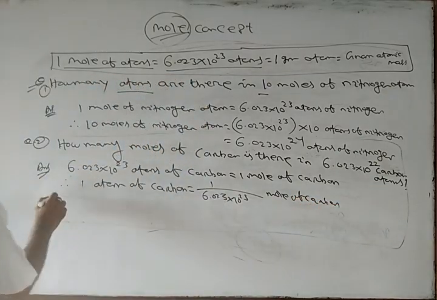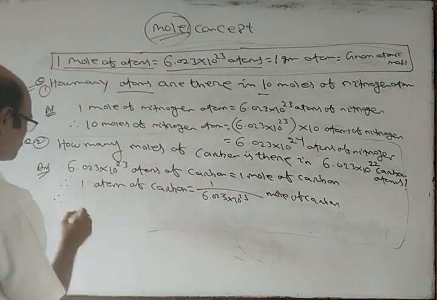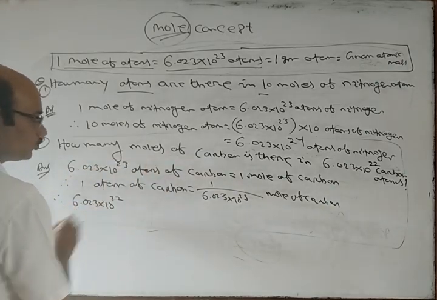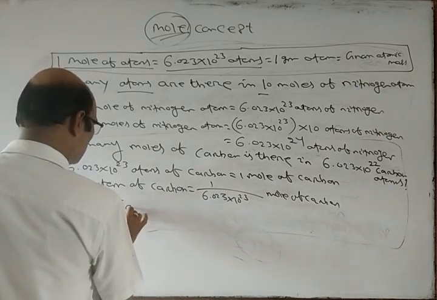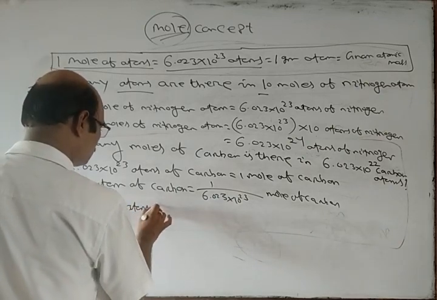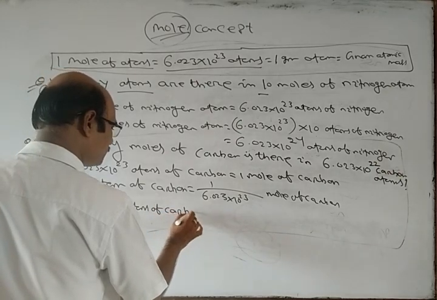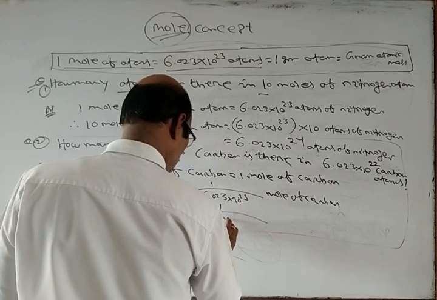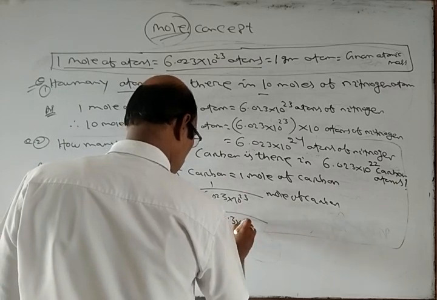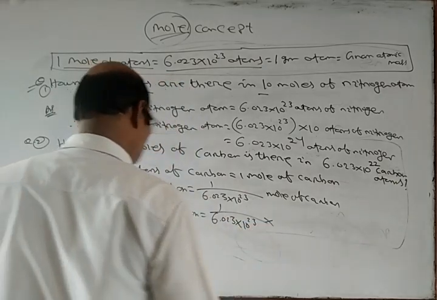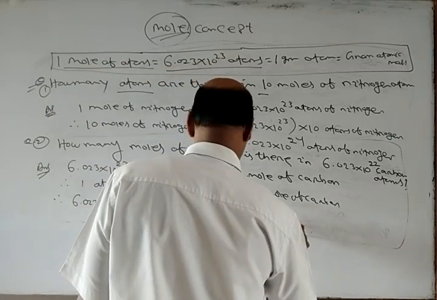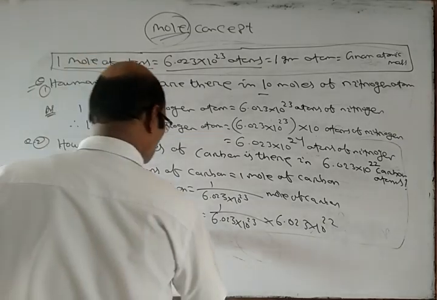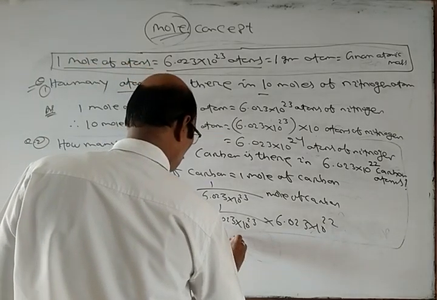Therefore the given 6.023 into 10^22 atoms of carbon equals 1 by 6.023 into 10^23 into 6.023 into 10^22, which equals 1 by 10, equal to 0.1 mole.